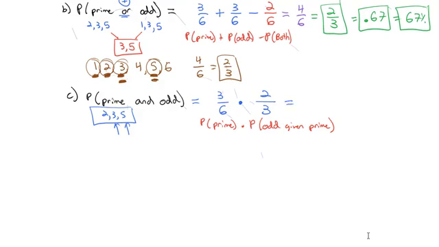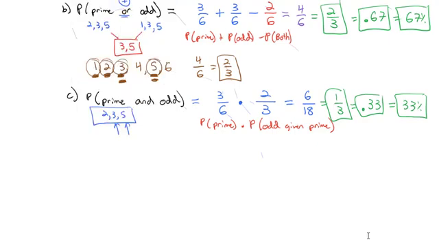So when I multiply these out, we get 6 out of 18, which reduces to 1/3, or 0.33, or 33%, depending if we want a percent, decimal, or fraction for our answer.